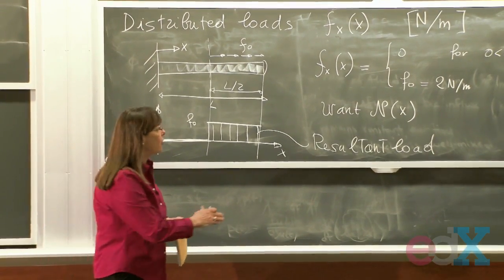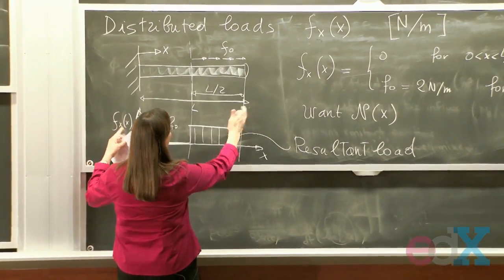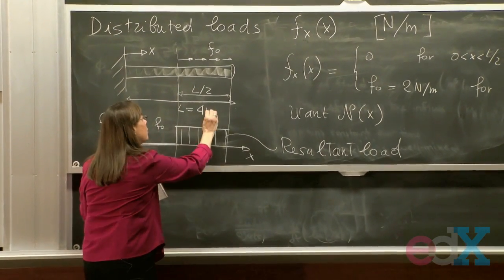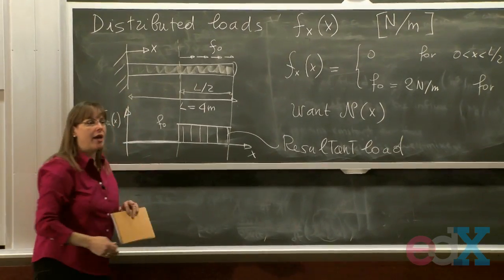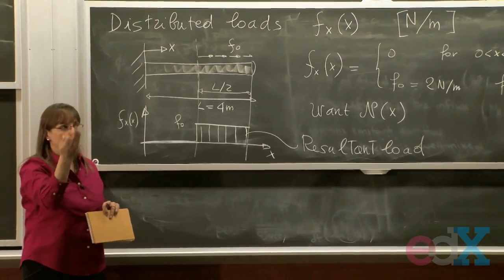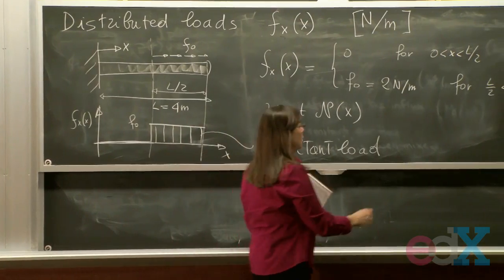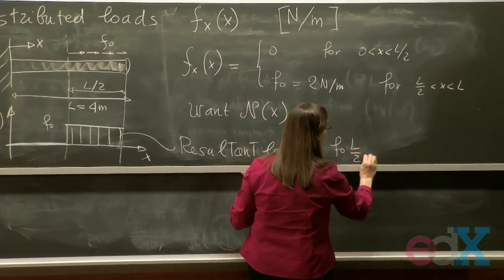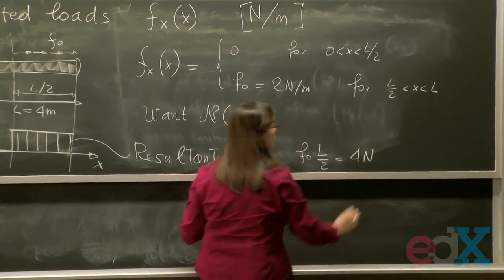Because I just told you I have 2 newtons per meter, but I didn't tell you how long the bar is. But now say that I tell you that the bar is 4 meters. So how much load do I have total? 4 newtons. Exactly right. So the resultant load is going to be F0 times L over 2, and that's going to give us 4 newtons.